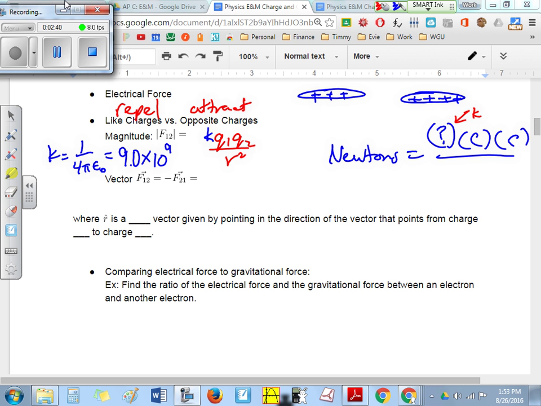And then on the bottom, we're in the MKS system, so we use meters. So basically what you have here is newtons equals something times coulomb squared over meters squared. So if you isolate the K, the unknown constant, you end up with newton meters squared per coulomb squared.